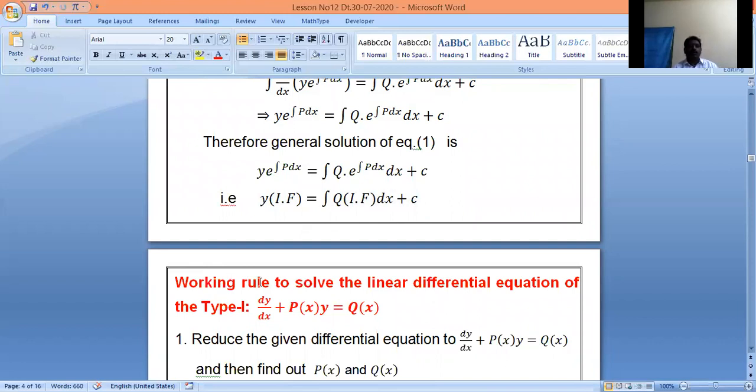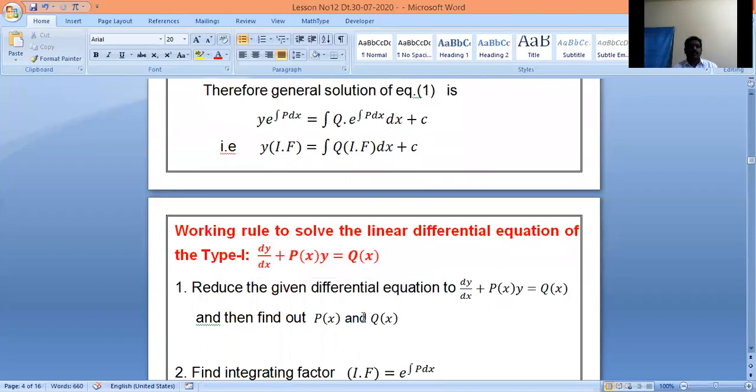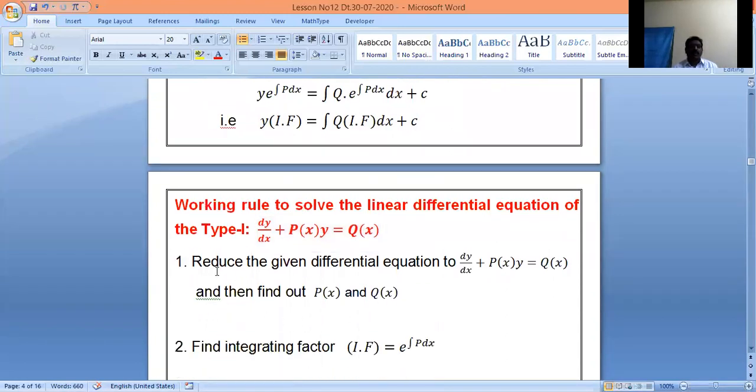Now, the working rule to solve linear differential equations of the type 1, that is dy by dx plus p of x into y is equal to q of x. Here p of x and q of x are functions of x. Number 1, reduce the given differential equation to dy by dx plus p of x into y is equal to q of x, and then find out p of x and q of x.